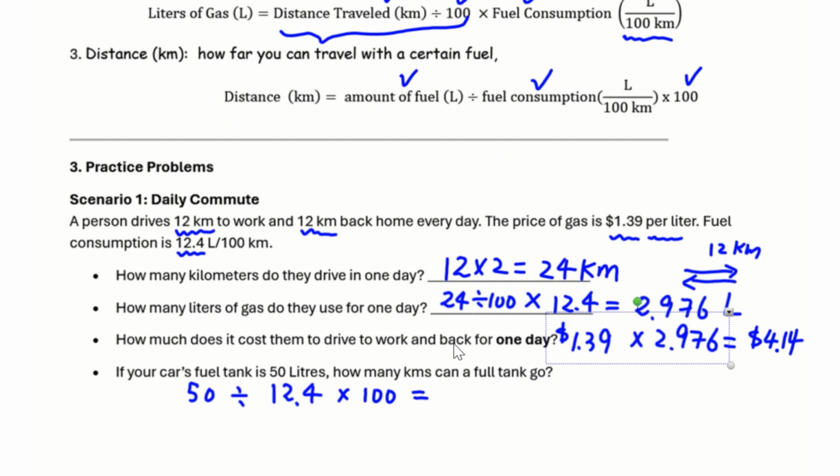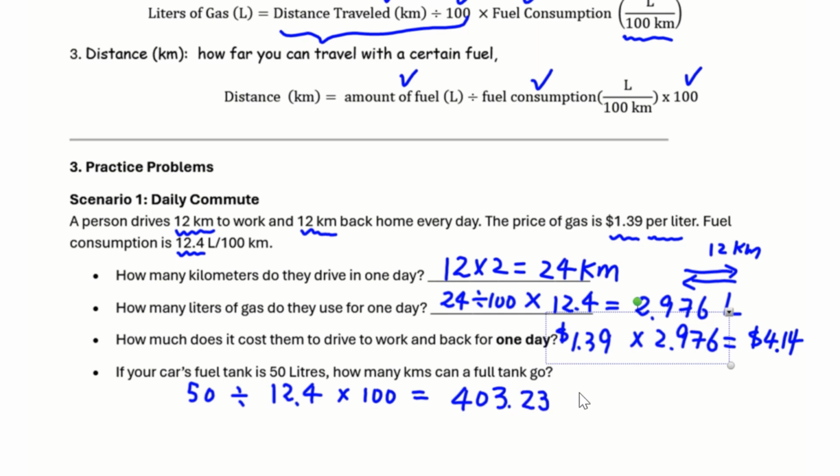Then you will have 50 divided by 12.4, then you have 4.03 times 100, you will have 403.225.